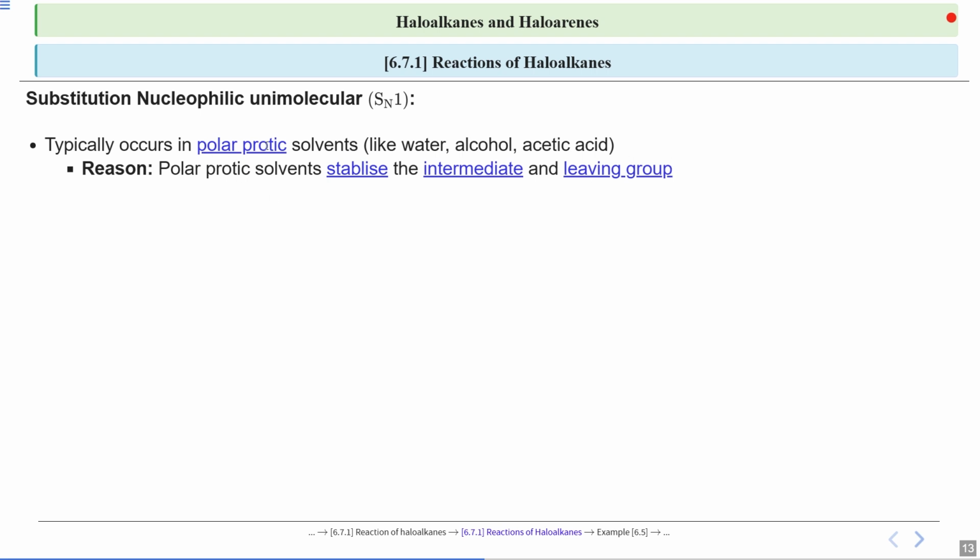These solvents have molecules with highly polarized hydrogen atoms, like water, so they surround and stabilize the positive charge of the carbocation via solvation and hydrogen bonding, lowering its energy and making its formation easier.